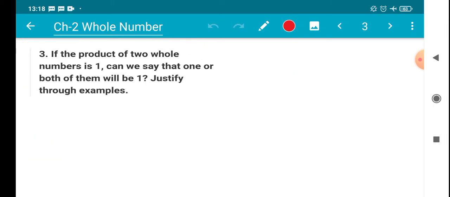So proceeding to question number 3, if the product of two whole numbers is 1, can we say that one or both of them will be 1? If I write 1 into 1, is there any other chance to get 1 except this?